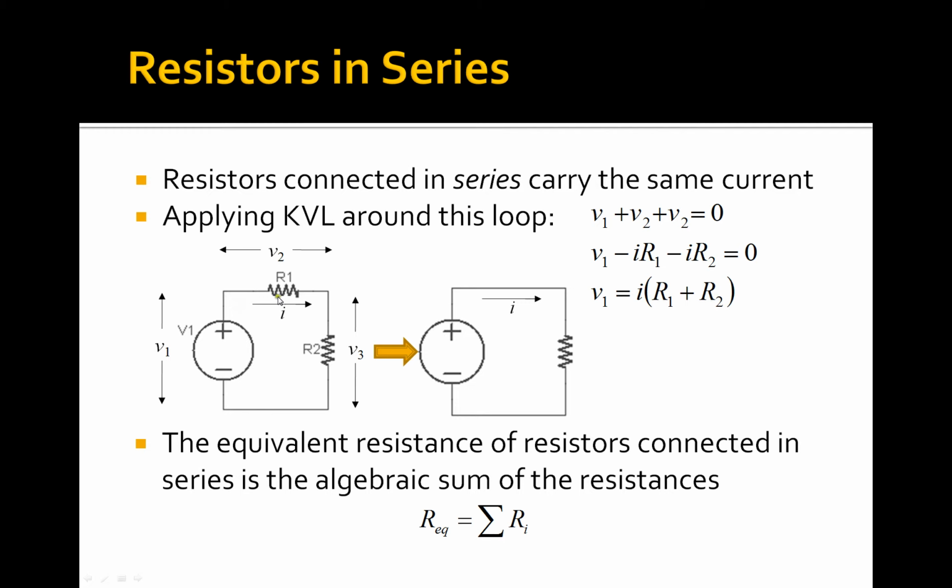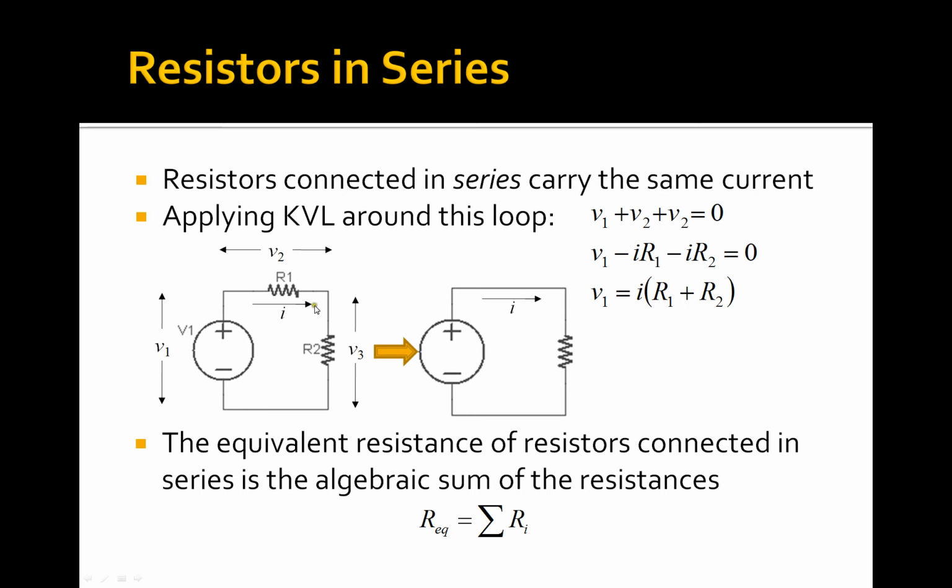So in this example right here, since this is a closed circuit, we have a voltage supply right here. Current is going to move through both resistor 1 and resistor 2. Since there's no other path for current to possibly go, the same amount of current has to go through resistor 1 as goes through resistor 2.